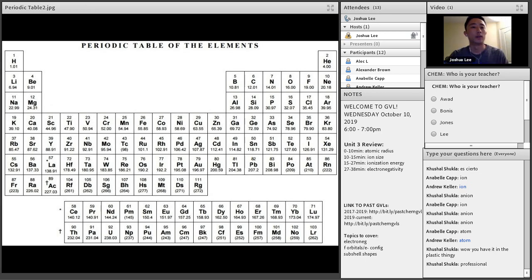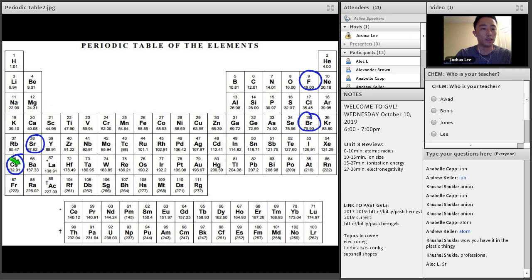There it is. So I forgot all the ions we were focusing on. But I remember one was fluorine, one was bromine, one was strontium, and one was cesium, like that. Now if we look at this, atomic size we know increases going to the left and down.